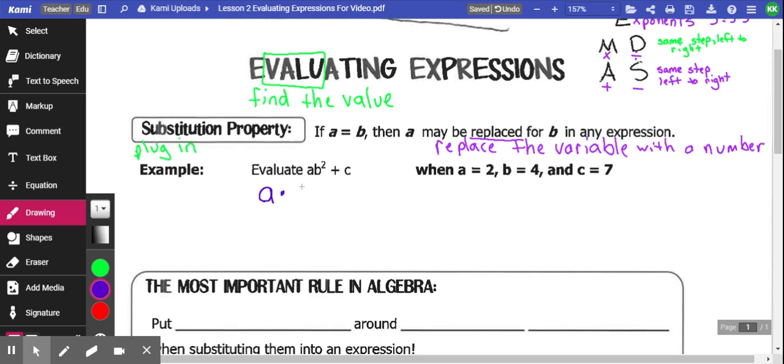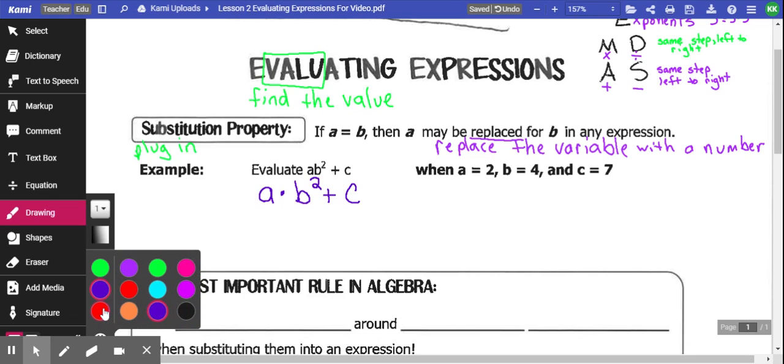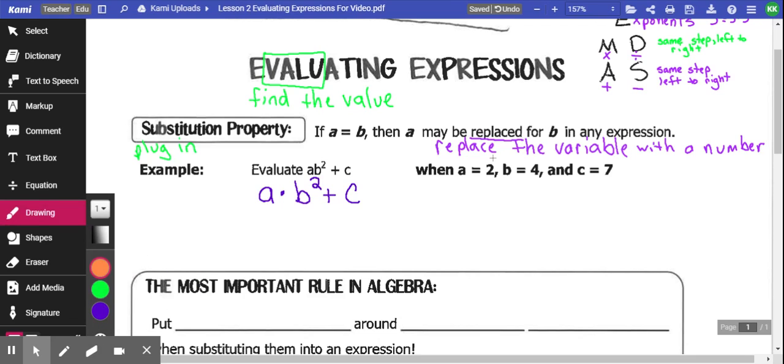So this means A times B squared plus C. They told me that A needs to be 2, so I plug in the 2 where A goes, times, they tell me that B needs to be 4, so I plug in the 4 where B goes.